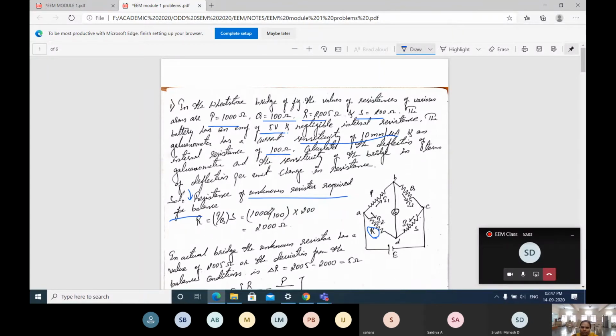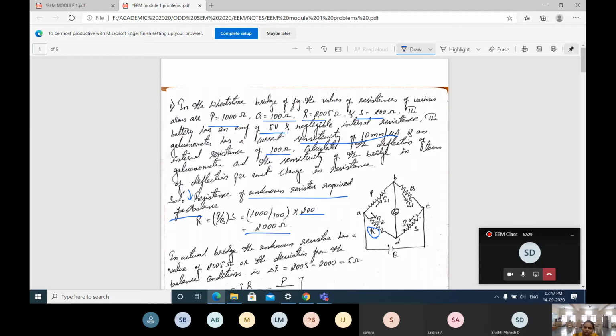That is 1000. What is our Q value? 100, into S which is 200. Substitute P, Q, S, then you will get R as 2000. A simple calculation: 100, the two zeros cancel off, you get 1000 into 2, which is 2000.